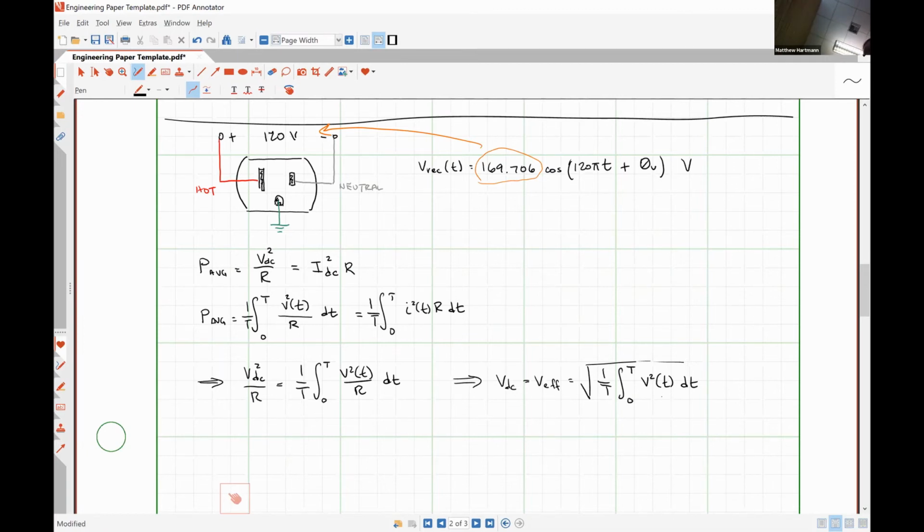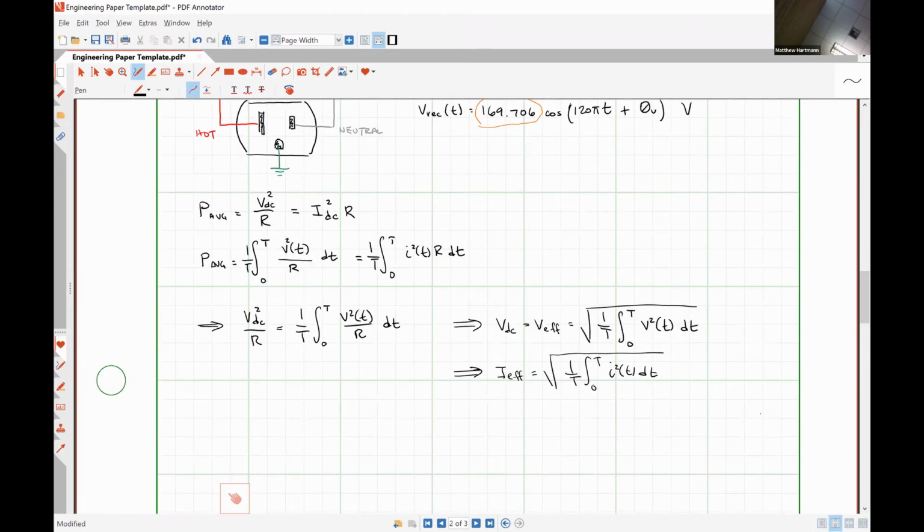And I could do a similar derivation, but I'm just going to jump ahead, and we can see that I effective would just be the square root of 1 over T integral 0 to T of i squared dt, like so. So we have a simple and easy mathematical formula to apply. These are valid for any and all periodic functions.